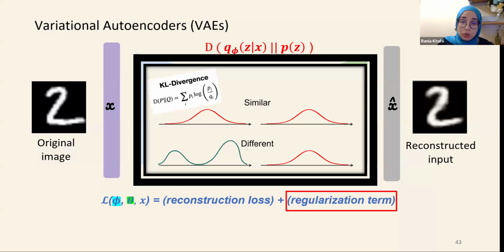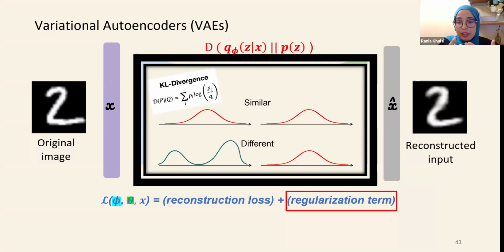In variational autoencoders, the KL divergence regularization forces the latent space to follow a continuous, smooth distribution. This makes interpolation meaningful. Moving between two latent points creates gradual and realistic transformations, like we have seen so far.